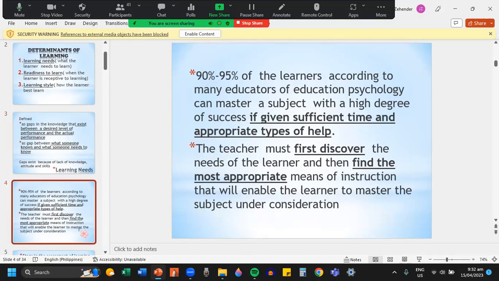Next slide. 90 to 95% of learners, according to many educators of educational psychology, can master a subject with a high degree of success if given sufficient time and appropriate types of help. These appropriate types of help include the learning materials available.